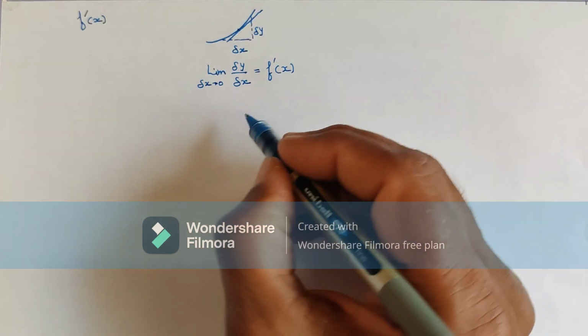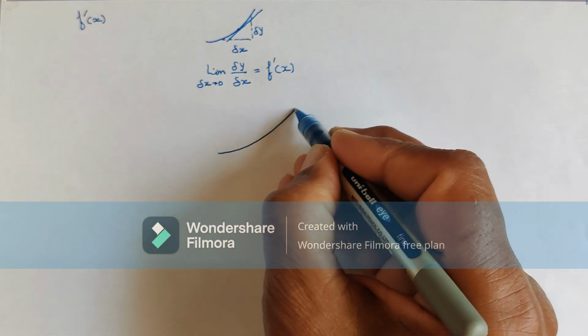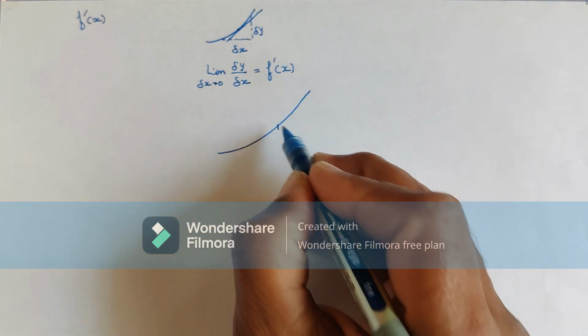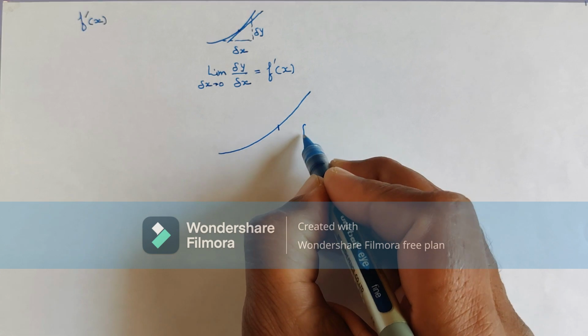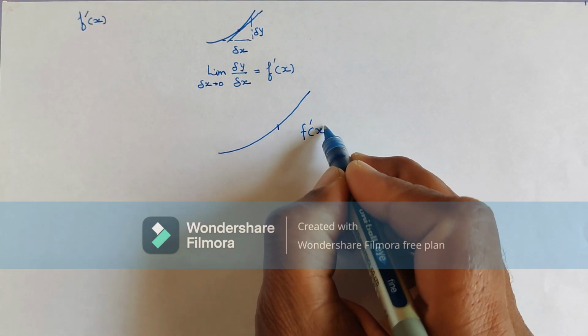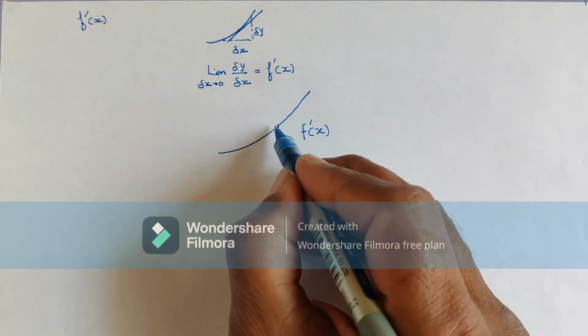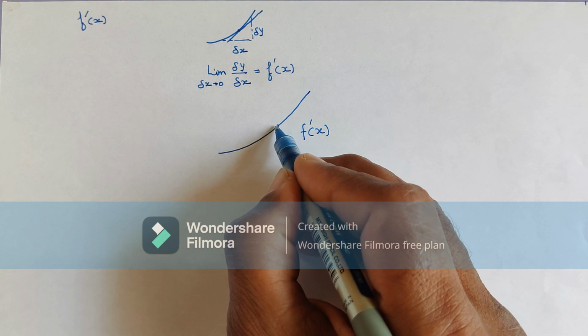Now given that, supposing for a given function I know f dash x at this point, and I know the value of the function at this point.